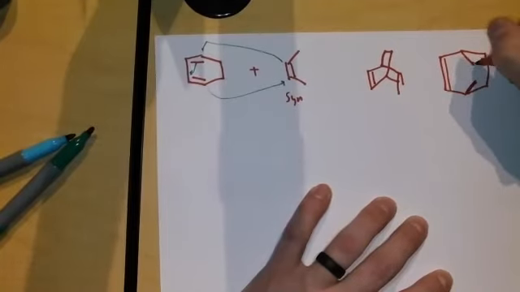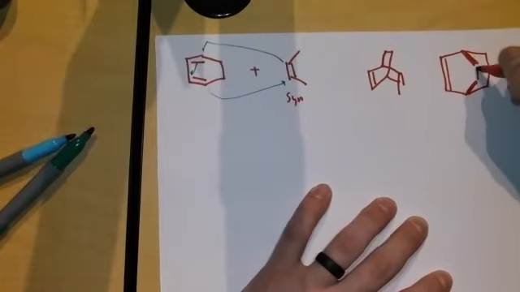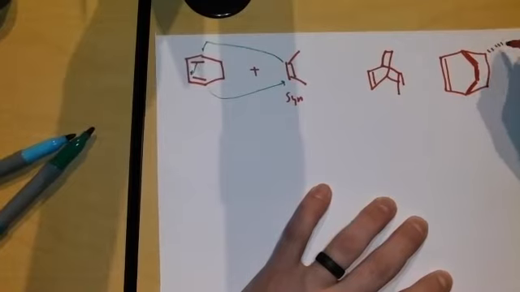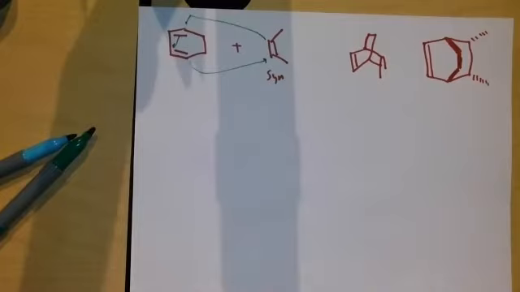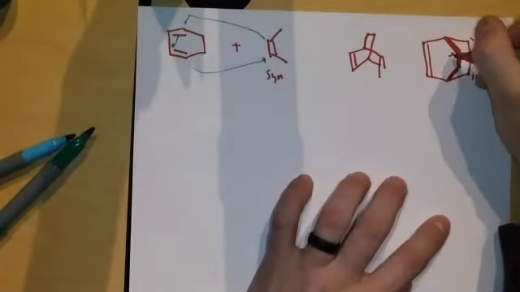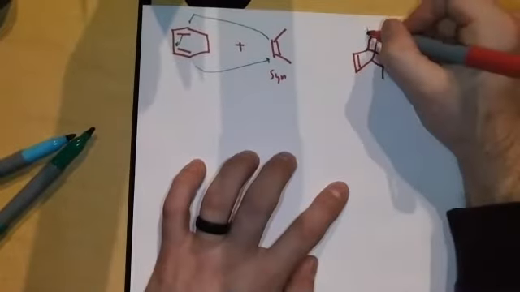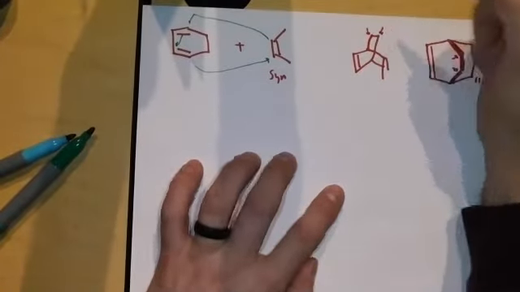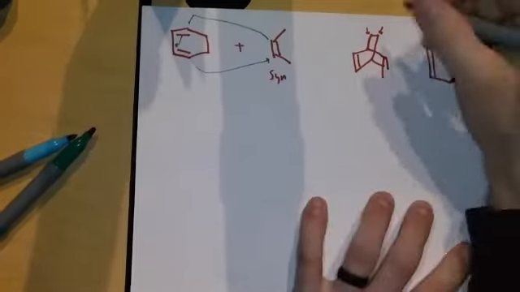So we tend to not draw these ones with 6-membered rings as this 2D form, but I usually draw it out for people just to kind of help them see it. So if this is a carbon and this is a carbon, this would be your bridgehead here. These all should be plus minus.